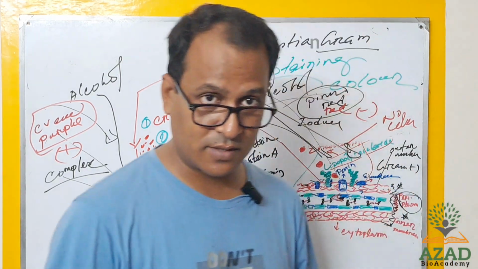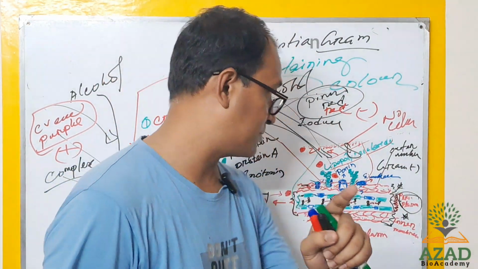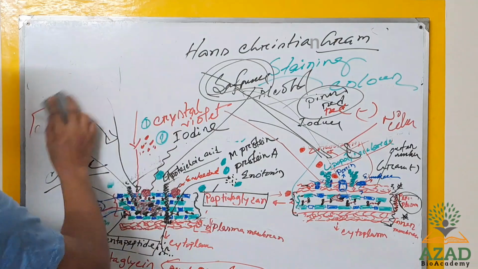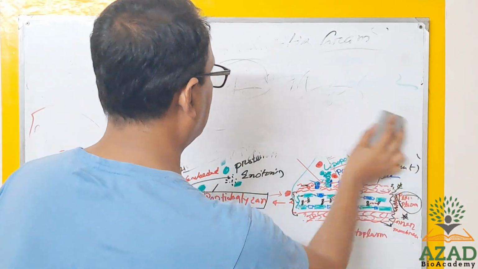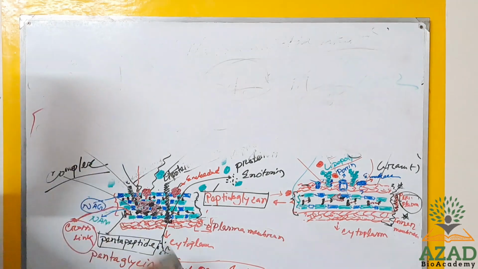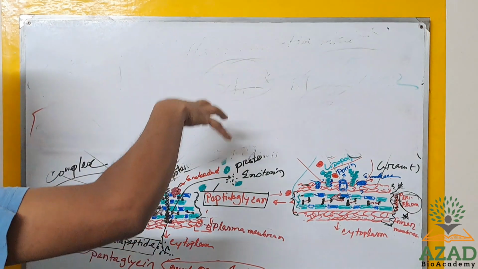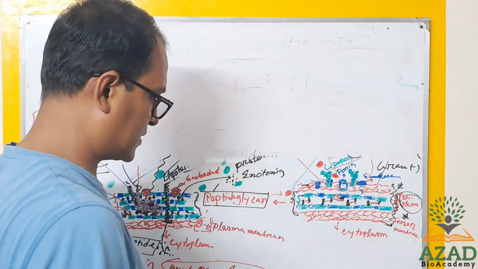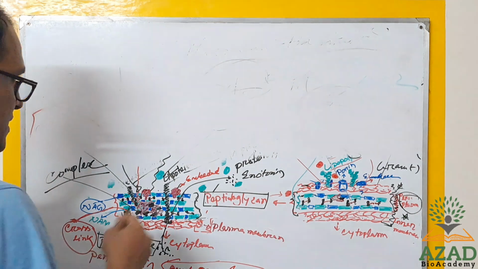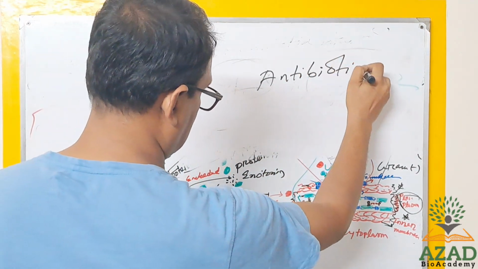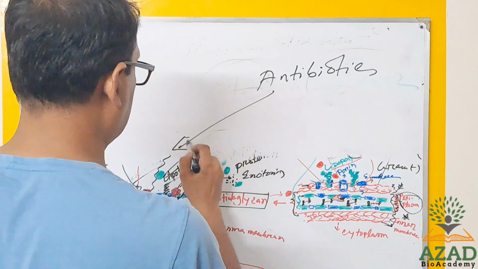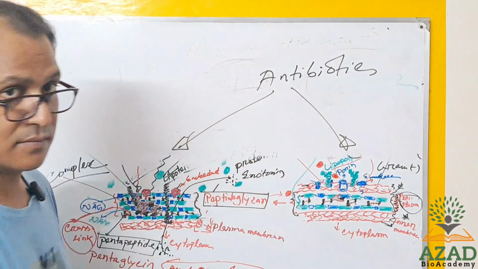And that's why I will shortly explain now. Just think very simply: if you apply a weapon, that means a chemical, if you apply antibiotics here and here, what will happen?